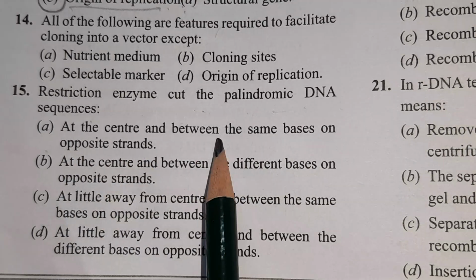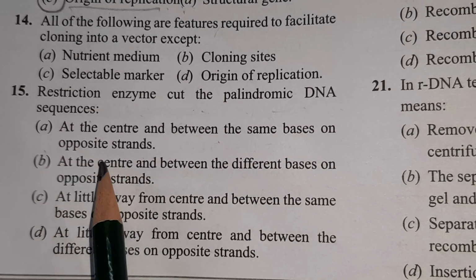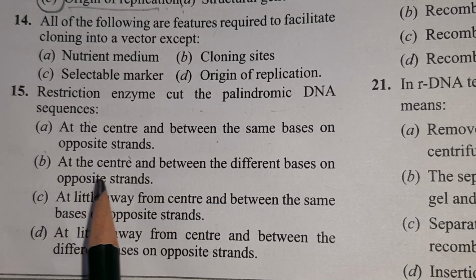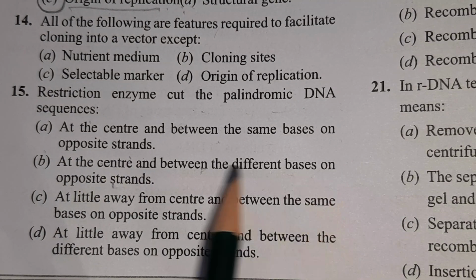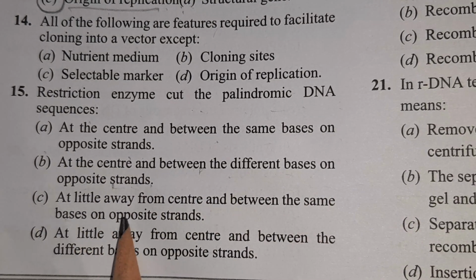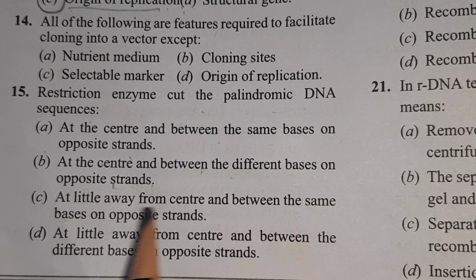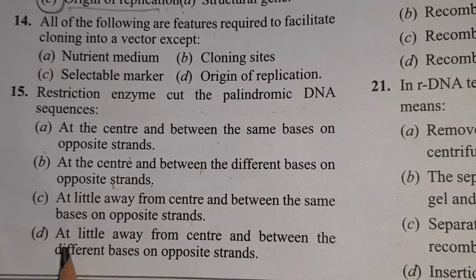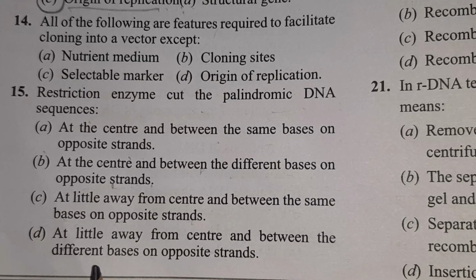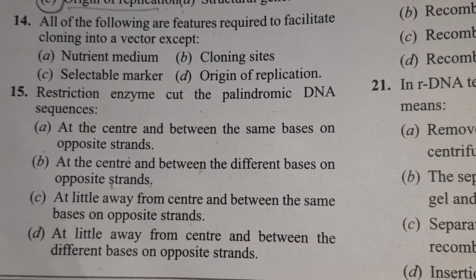Next question we have, restriction enzymes cut the palindromic DNA sequence. A. At the center between the same bases on opposite strands. B. At the center and between the different bases on opposite strands. C. A little away from center and between the same bases on opposite strands. D. A little away from center and between the different bases on opposite strands.